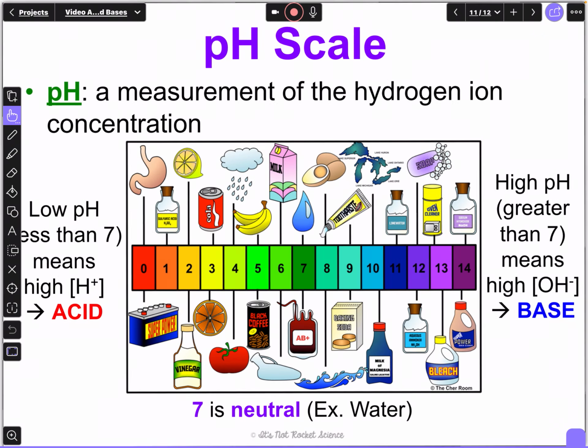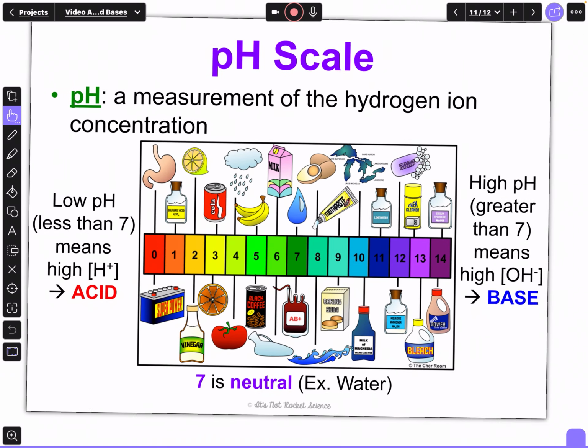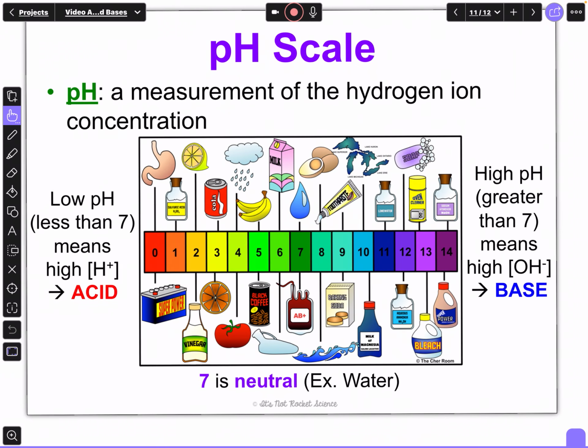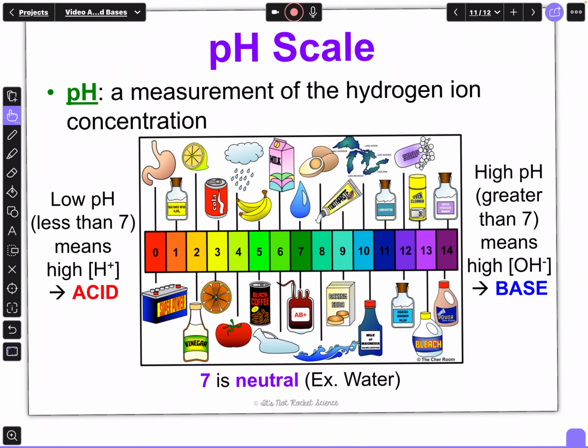Now, a measurement of the hydrogen ion concentration in a substance is called the pH. And we have the pH scale, which goes from 0 to 14. A low pH, less than 7, means you have a high hydrogen ion concentration.